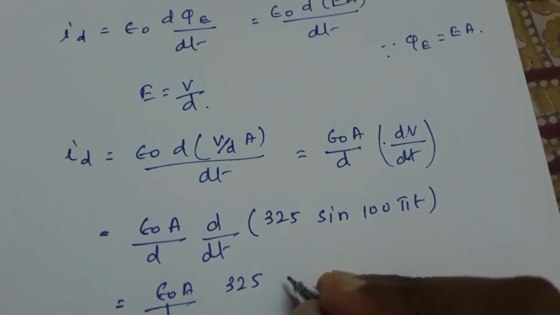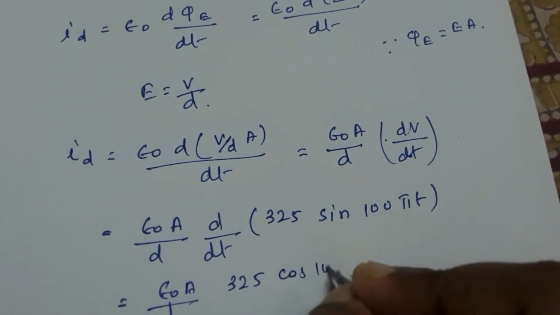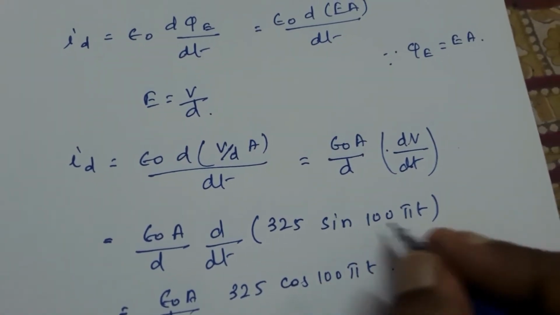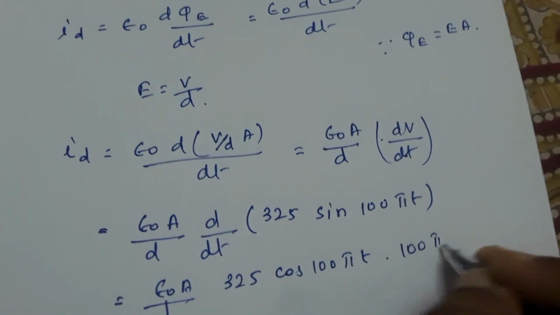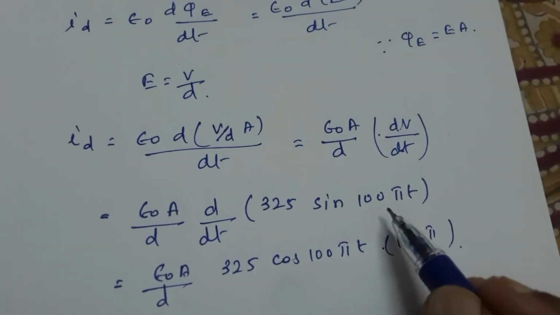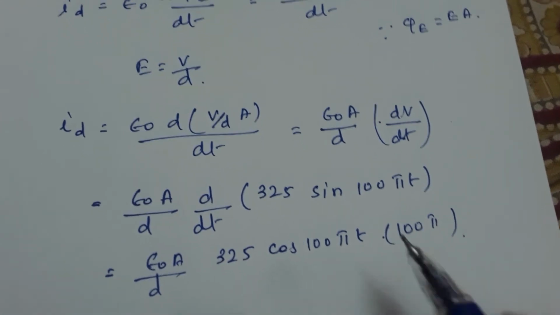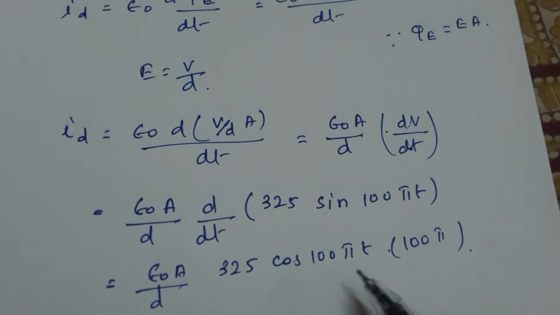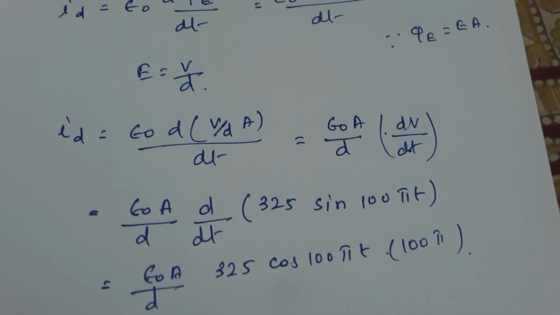So it is cos 100 pi t into 100 pi, that is, the differential of 100 pi t is 100 pi. So this is epsilon 0 A by D, 325 cos 100 pi t into 100 pi.